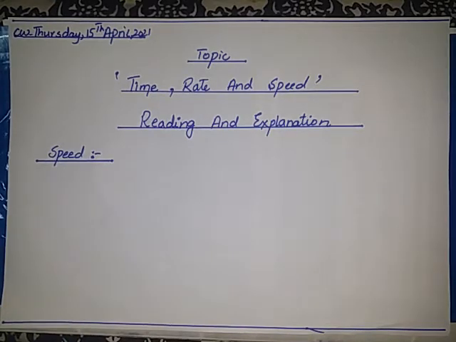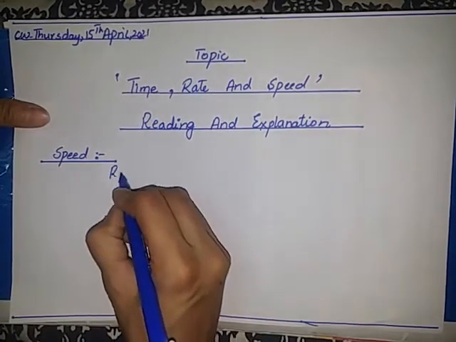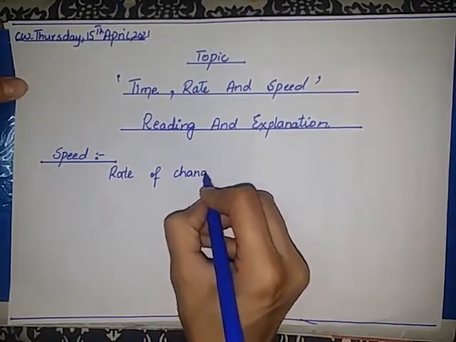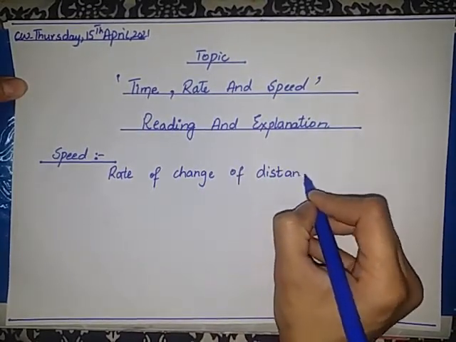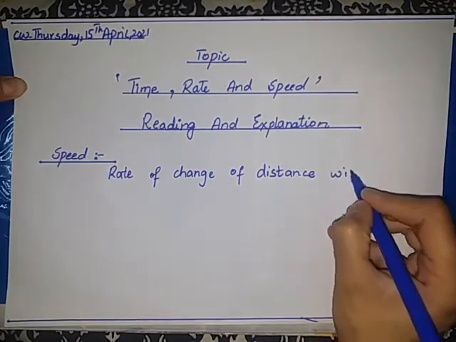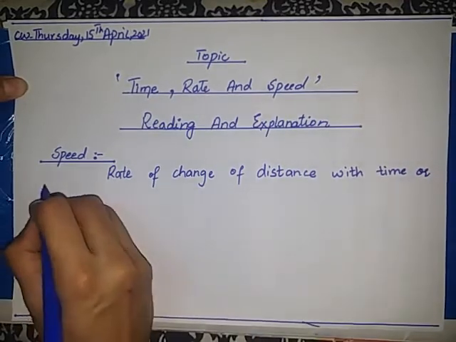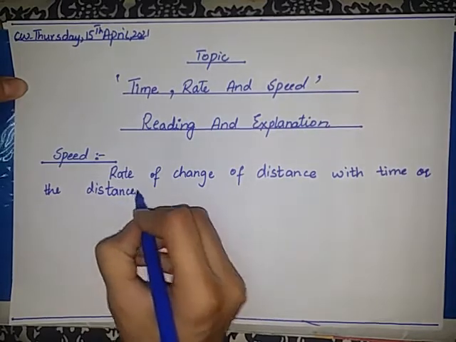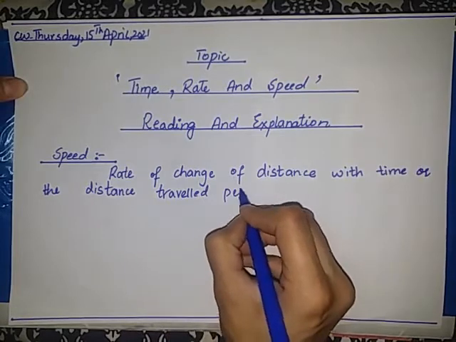Students, what is speed? Speed is the rate of change of distance. We will write the definition over here. Rate of change of distance with time, or the distance traveled per unit time.